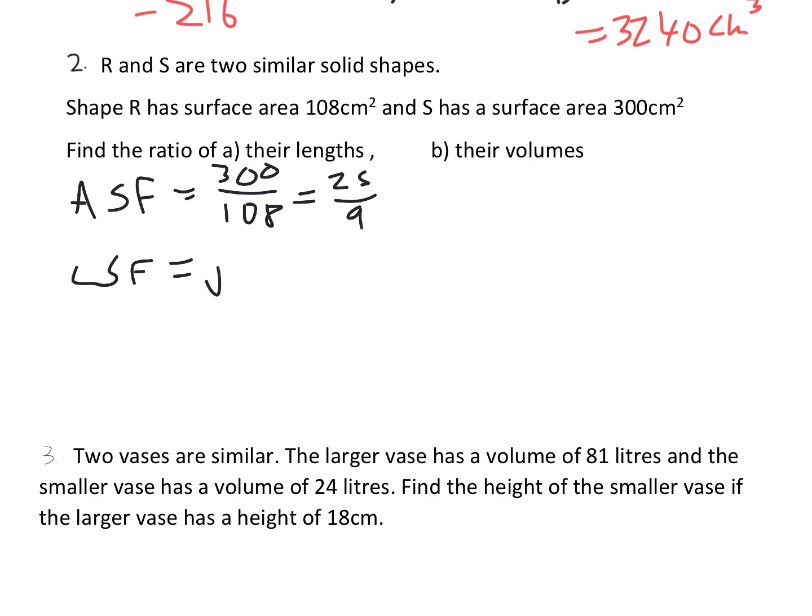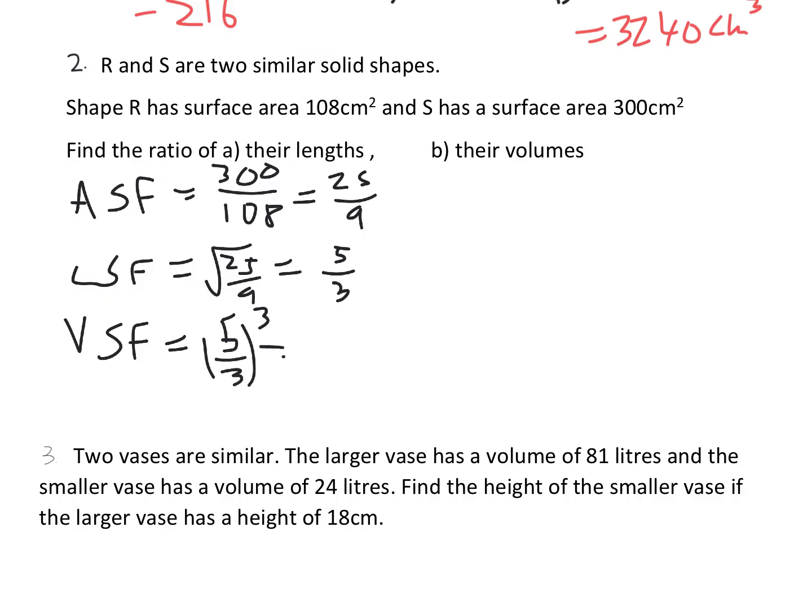So if you square root 25 over 9, the square root of 25 is 5 and the square root of 9 is 3. So you get 5 over 3. The volume scale factor is the length scale factor cubed. So you can get your 5 over 3, cube it to get 125 over 27.